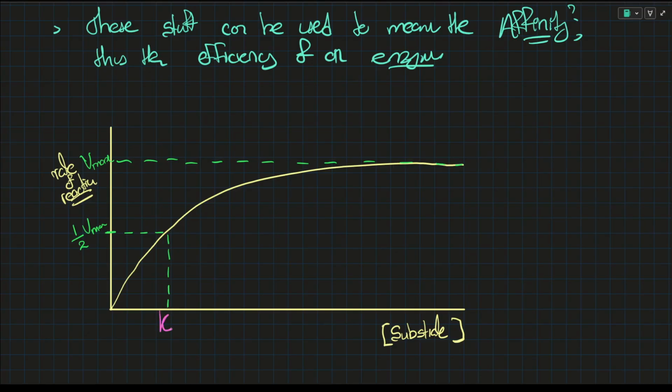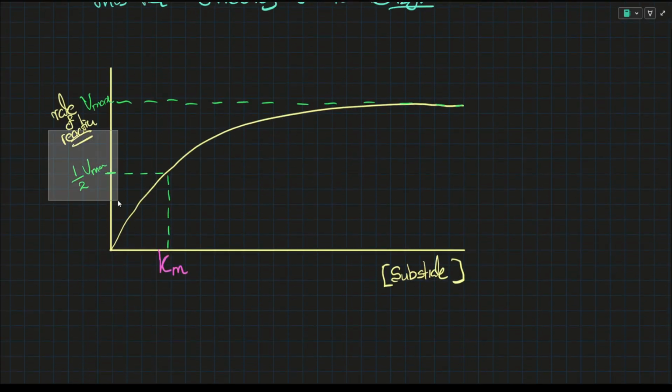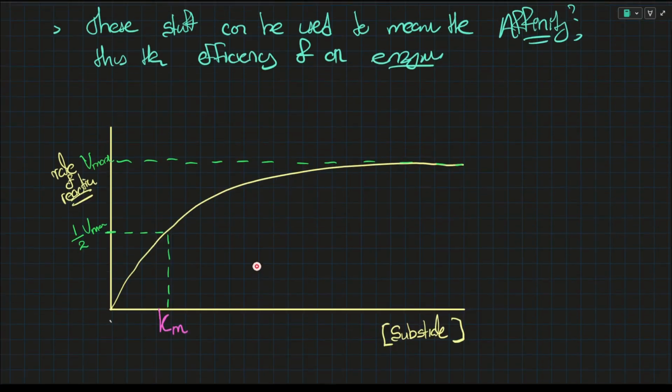That is going to be your Michaelis constant, Km. Half Vmax is going to guide us down towards the Km value. That's the idea.